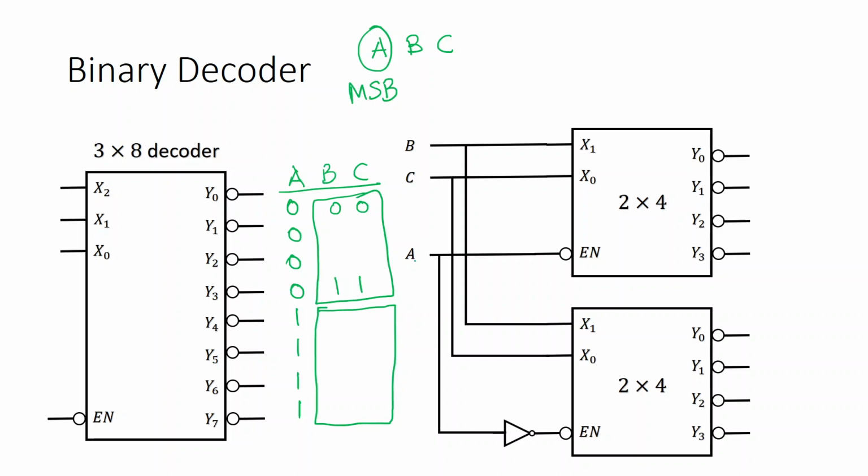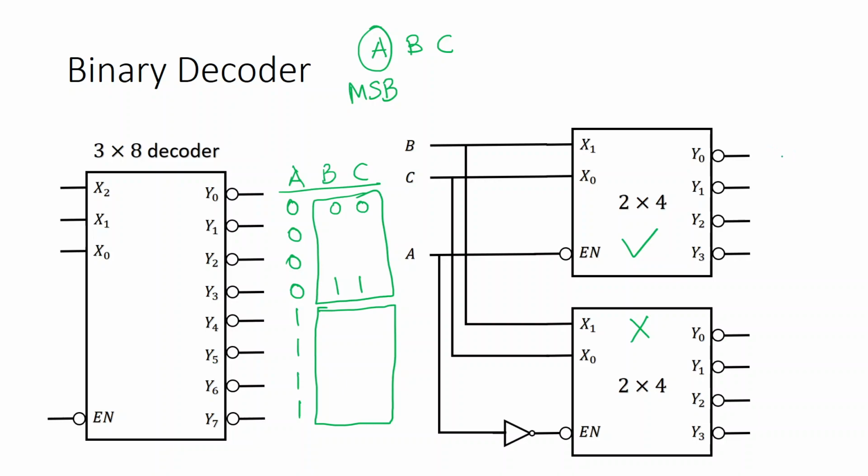So now when A is 0, this decoder is activated, and this decoder is not activated, because here it comes as a 1. Your outputs here are, this is a 2 cross 4, so y0 to y3, again y0 to y3, but as a 3 cross 8 you are getting here.